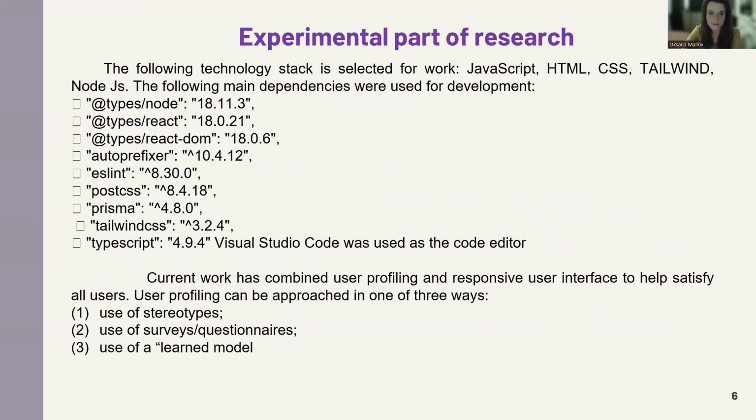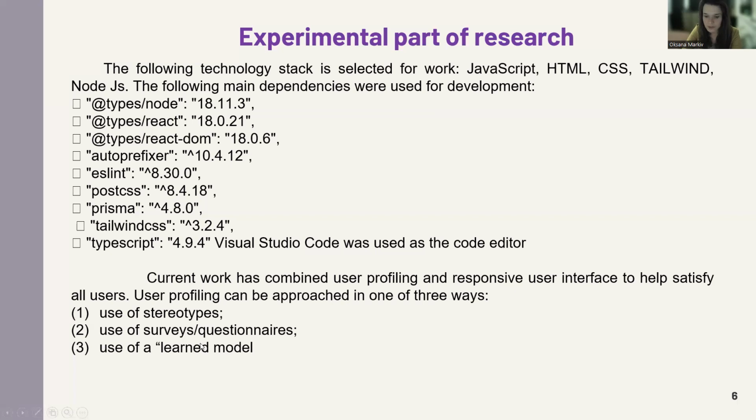Here we can see the following technology stack. We see that JavaScript was used in the work especially, and the following main dependencies. The current work has combined user profiling and a responsive user interface to help satisfy users. User profiling can be approached in one of three ways: use of stereotypes, use of service questionnaires, and use of a learned model.